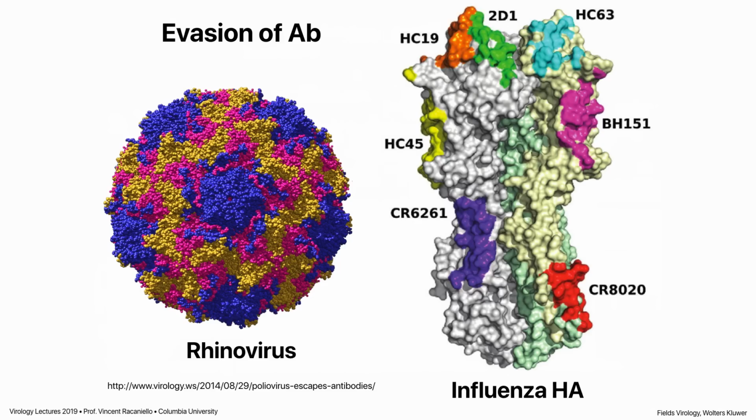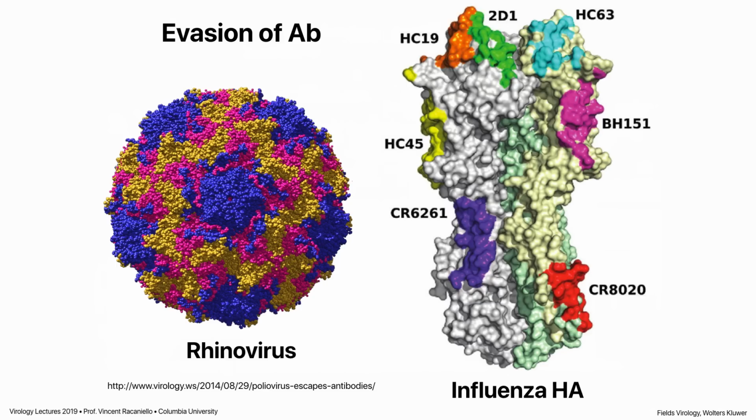It's in the viral envelope, and the cell receptor attaches on the top there. And these colors all represent epitopes that bind individual monoclonal antibodies. You can see there are a bunch of epitopes at the top and on the side as well. And when you make neutralizing antibodies against this virus, they bind these particular epitopes to block infectivity.